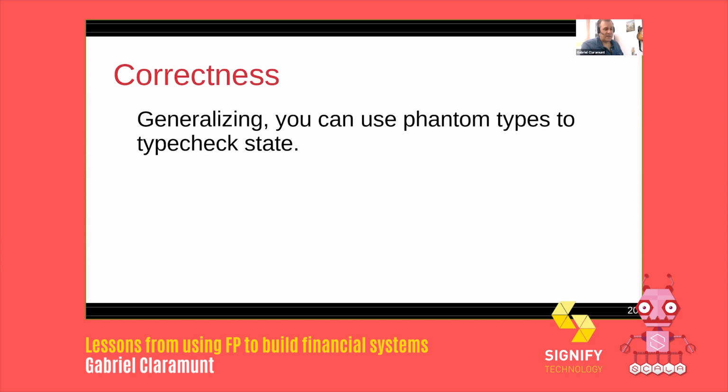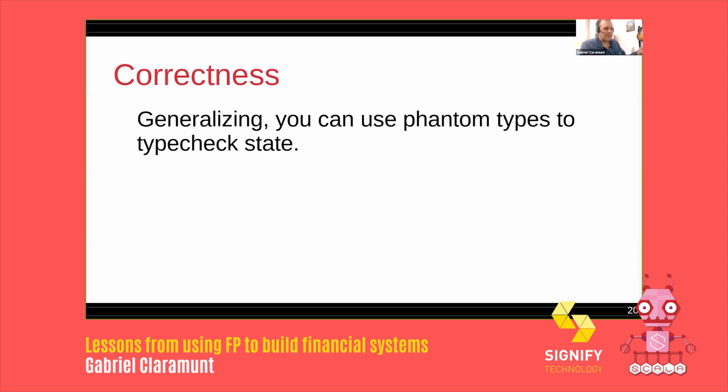A phantom type is a type parameter that is not used in the body of the function, but since it's there, the compiler checks it. So it allows you to say, okay, I can only complete a withdrawal whose type is in progress. Basically, you encode the state machine in types.